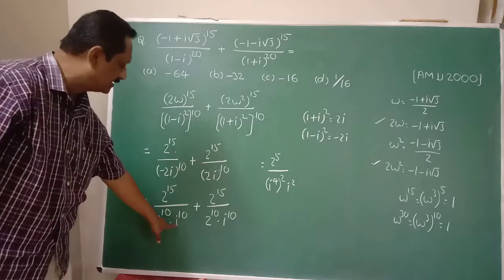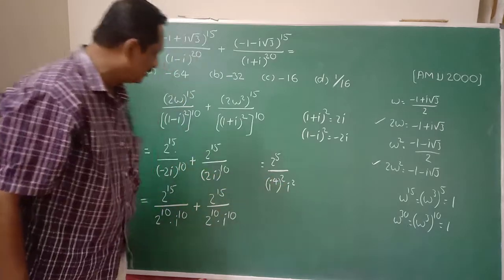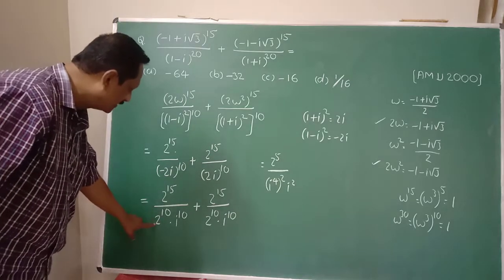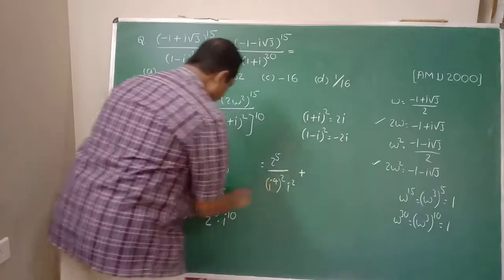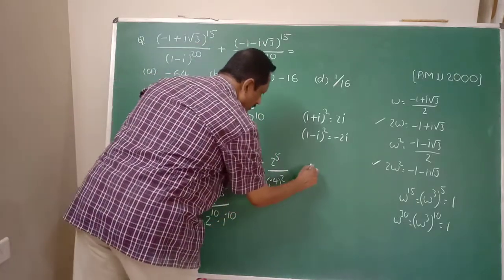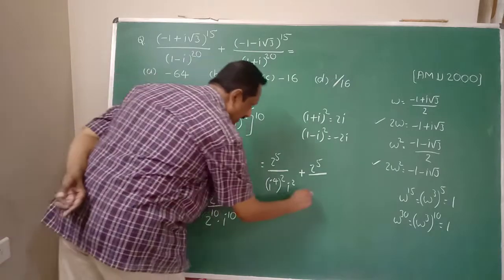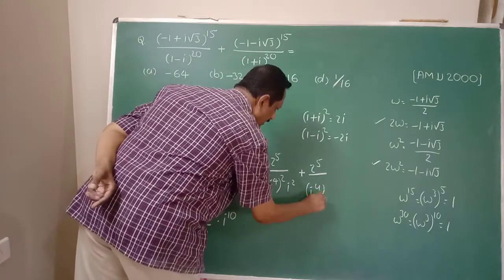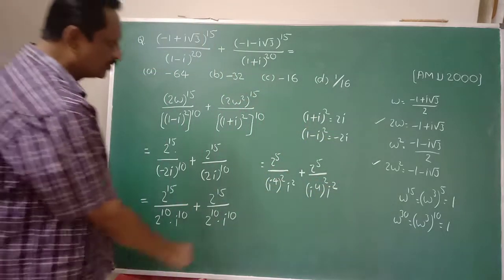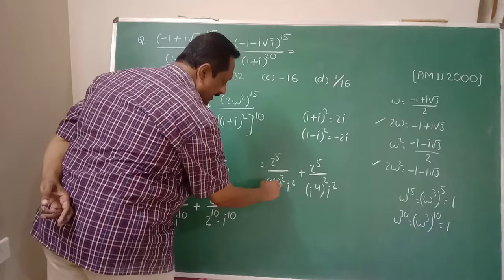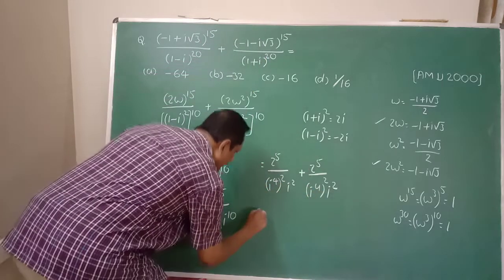So this upon this becomes 2 raised to 5 divided by i raised to 4 whole square into i square, and likewise for the second term. Therefore 2 raised to 5 divided by i square.